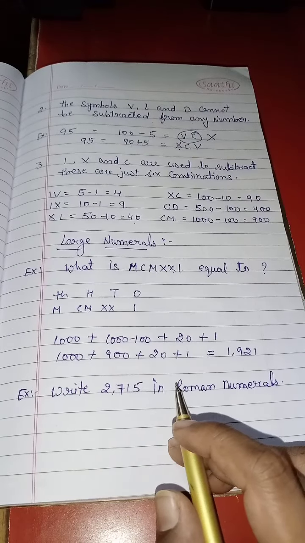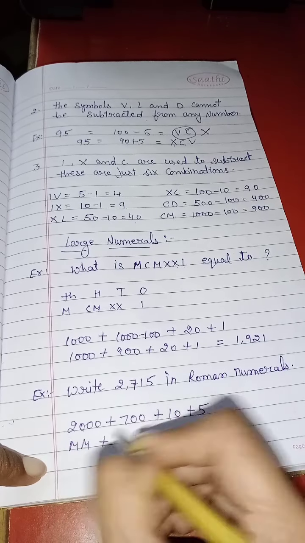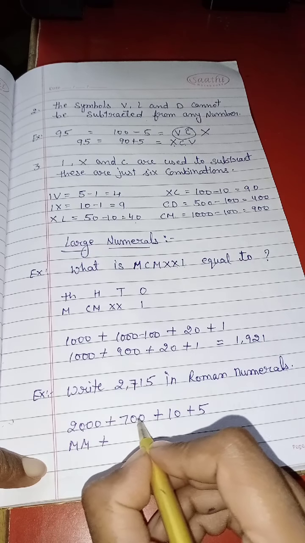Now we take another example. Firstly, we write the number in expanded form: 2000 plus 700 plus 10 plus 5. Write in Roman numerals: 2000 is 1000 plus 1000, so write MM, plus 500, plus 100 plus 100.